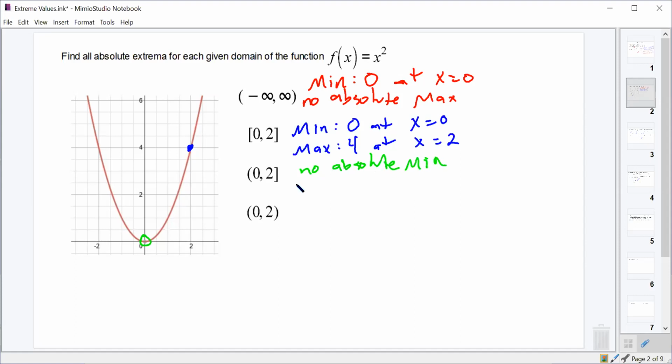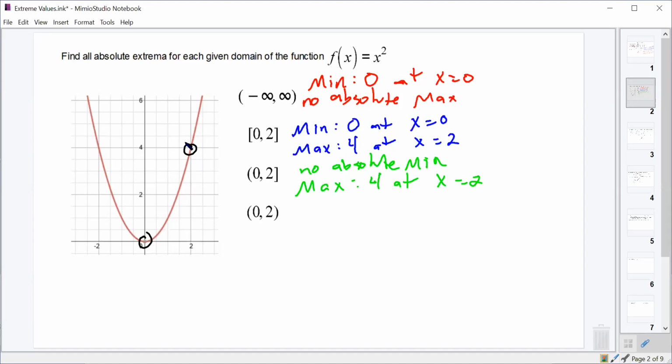What about an absolute max? It's 4 at x equals 2, exactly. And if we change both of these to become open intervals, do we have an absolute min?